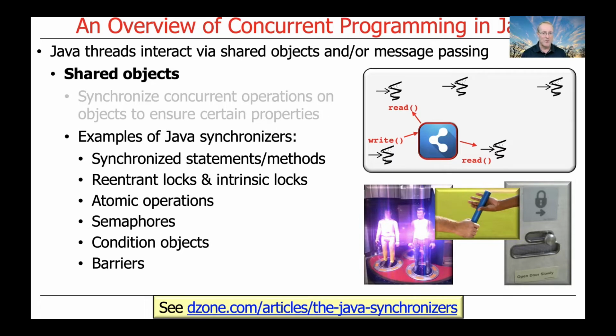There's also later mechanisms that came along in subsequent versions of Java for things like reentrant locks, atomic operations, which allow operations that work on variables to change its state atomically using compare and swap operations that are implemented efficiently by the underlying execution environment and the hardware, semaphores, condition objects, barriers, and so on and so forth. We'll spend a lot of time talking about these synchronizers, but I'm just giving you a quick high-level overview. This is what is typically part of what's termed the shared object mechanisms or the synchronizer mechanisms in Java.